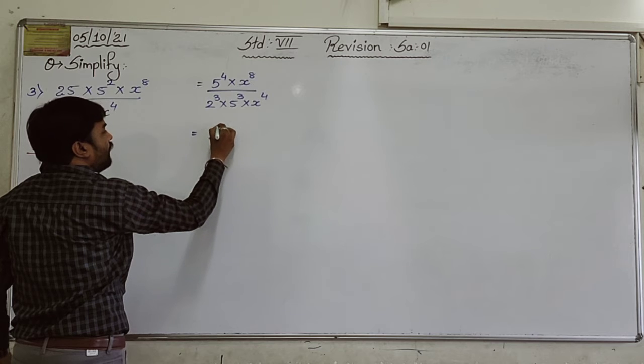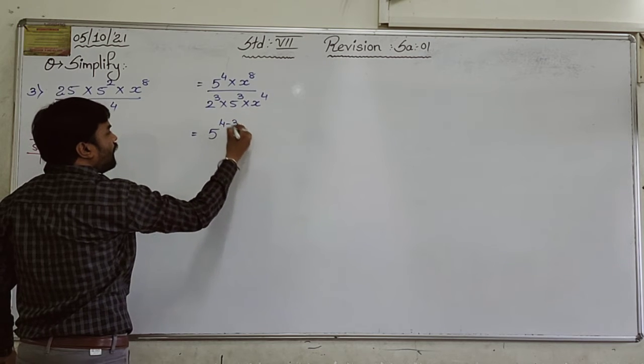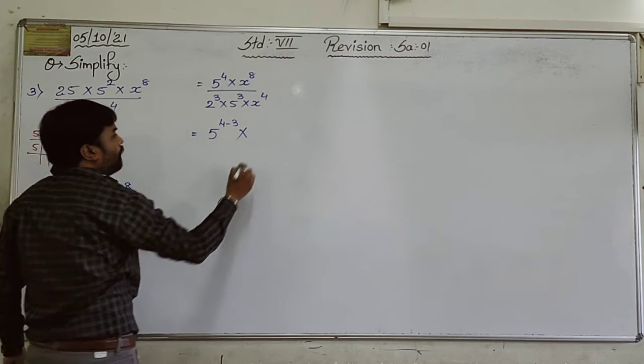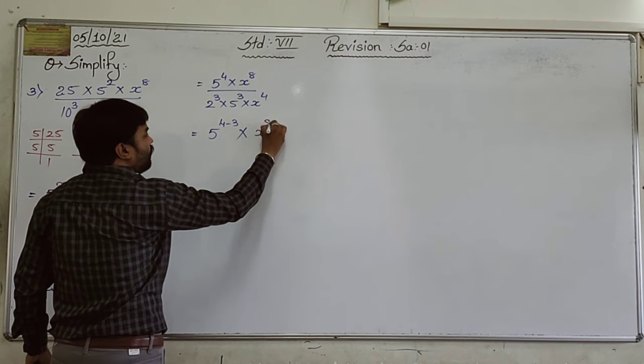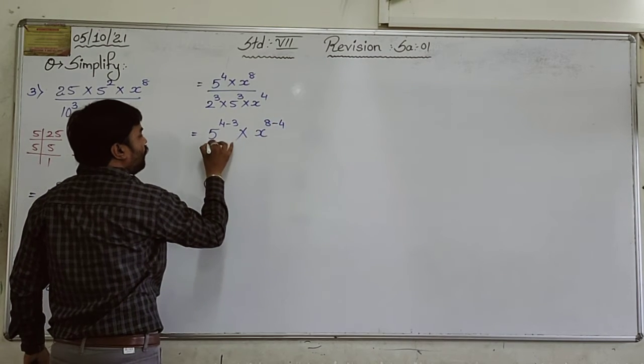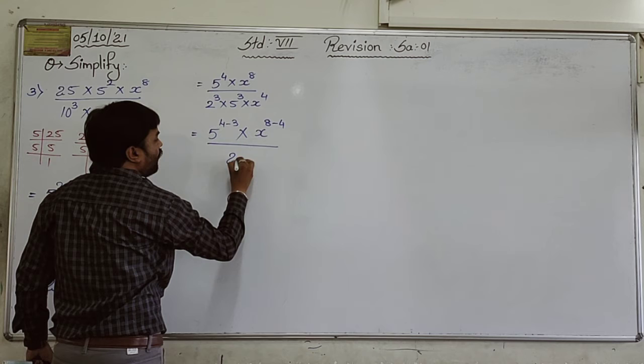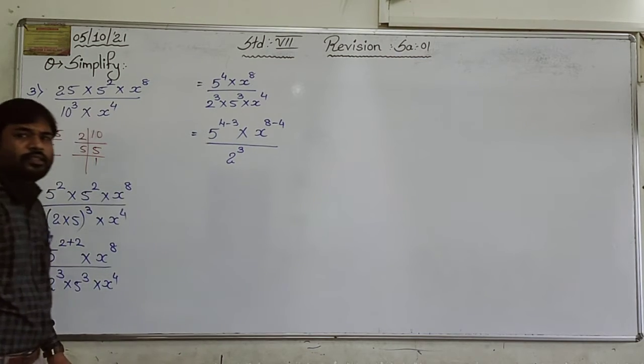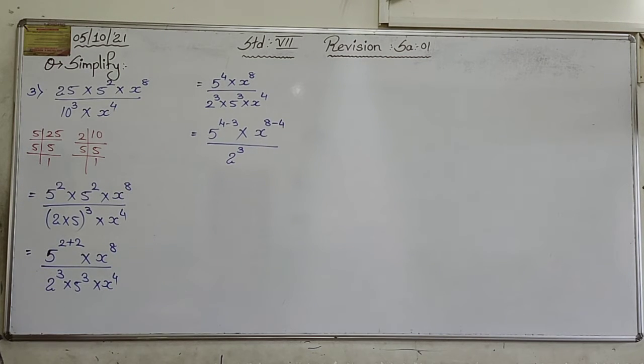So 5 raised to 4 minus 3 multiplied by x raised to 8 minus 4 upon 2 raised to 3 as it is. If there is no common, leave its position where it is. Where is its position? In the denominator, taken collectively.